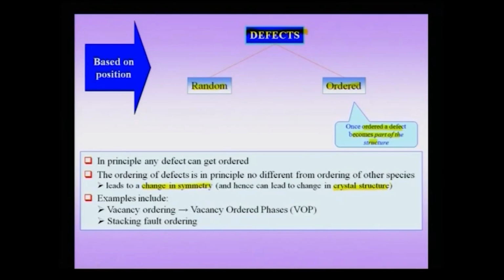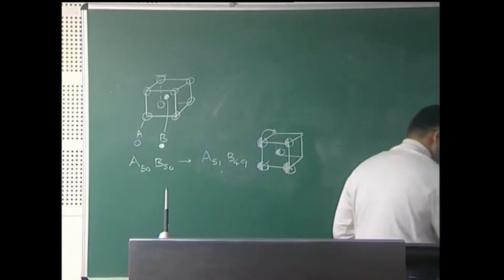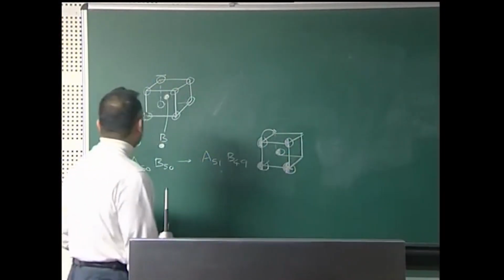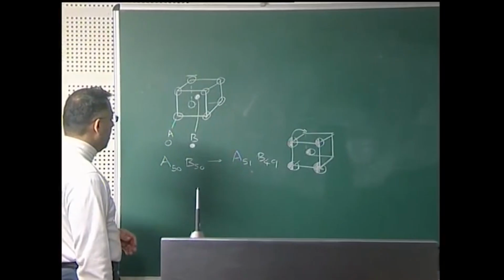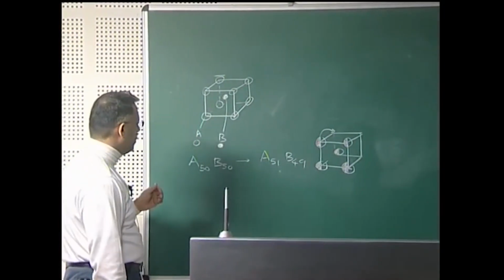Now, let me consider, as a schematic, the AB kind of a structure.